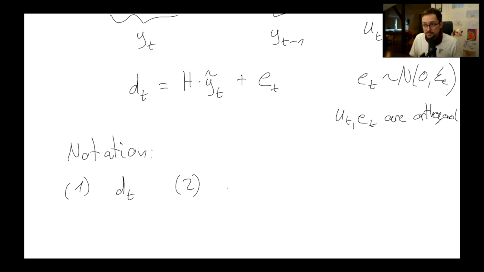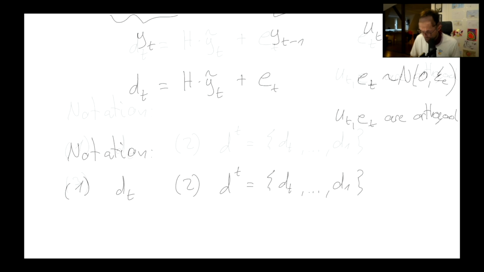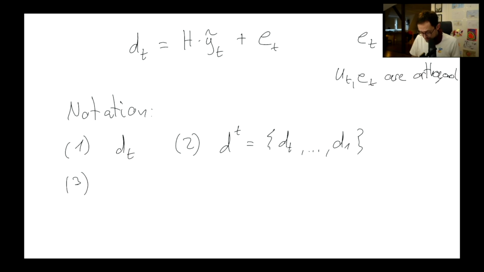A variable written with a time superscript means the whole set of observations or variables, the whole history of those variables. The third notation is going to be with the hat. Those will be conditional expectations.